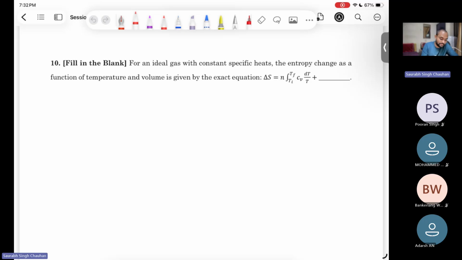Okay, let's do it. How should I proceed? We'll have to start with the first law of thermodynamics. Del Q is equal to del U plus PdV. TdS is equal to dU plus PdV, right?